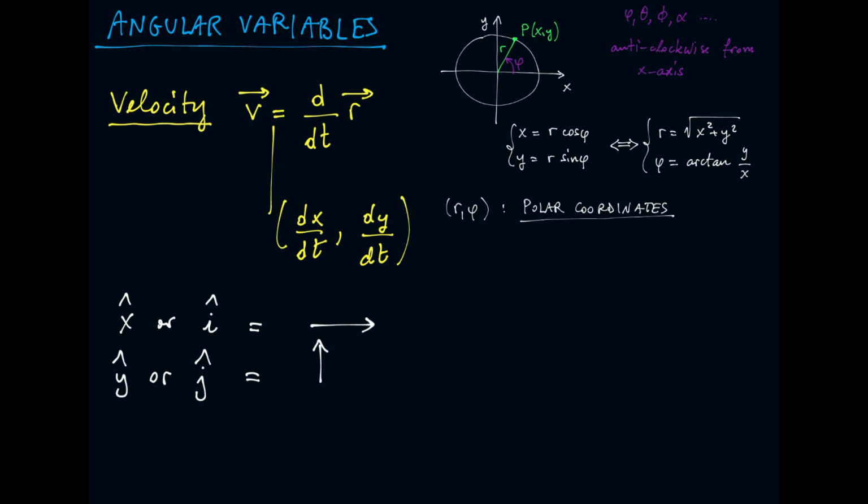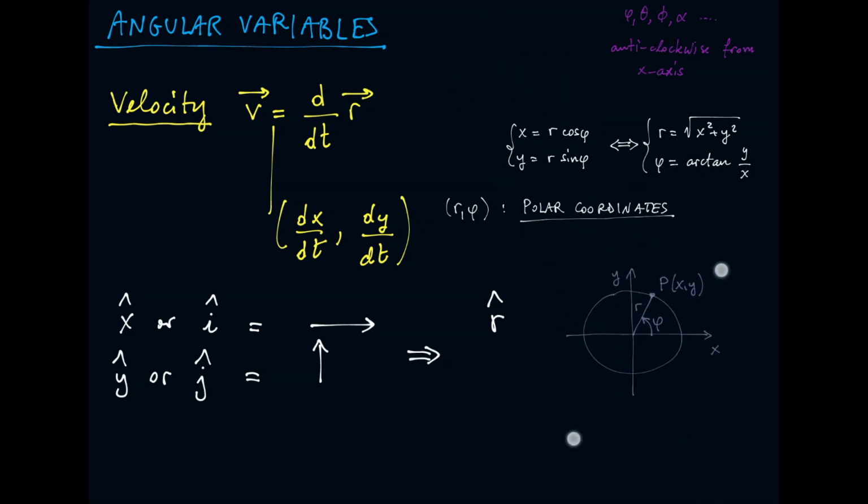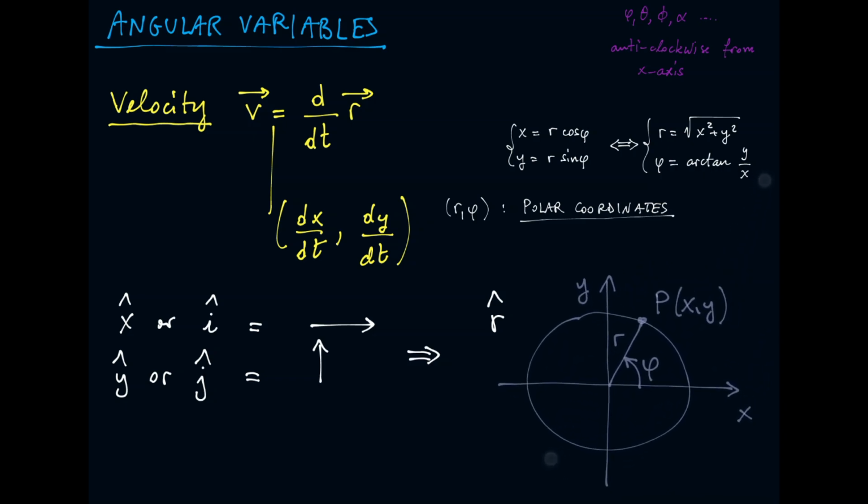direction convention. As it turns out, for polar coordinates, the unit vector in the r direction is, well, actually, let me take this and see if I can move it around here. The unit vector in the r direction, I will draw it in red, is the unit vector precisely aligned with the direction of r. So this is r hat.